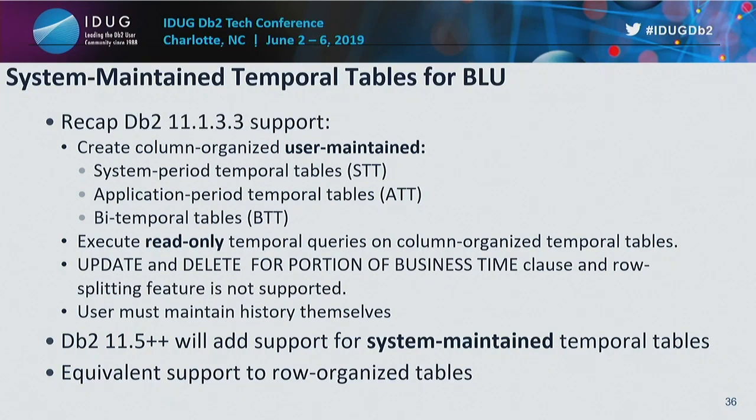For example, if a new version of the row had to be created or go into the history table, this would all have to be done manually, through the application. So what a future mod pack will support is the full system maintenance of the temporal tables for column organized tables, and the support at that point should be effectively equivalent to what is there for row organized tables.